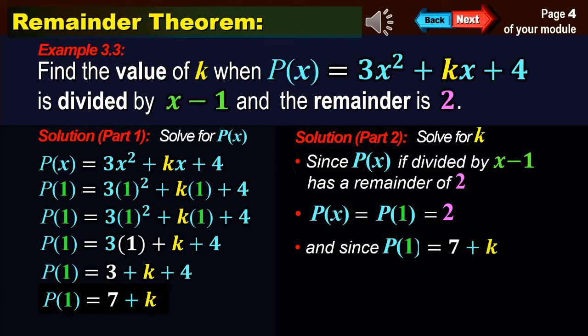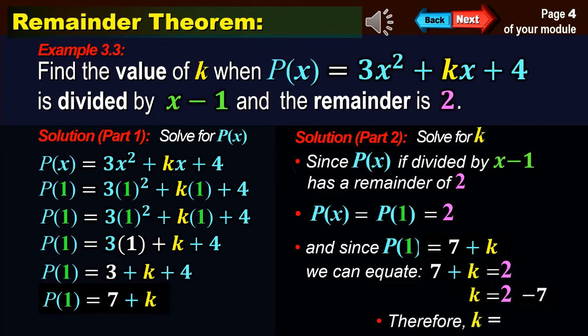Now, since P of 1 is 7 plus k, we can equate 7 plus k is equal to 2. Then, transpose to the other side, 7 becomes negative 7. So, 2 minus 7 is equal to negative 5. So, therefore, our k is negative 5.